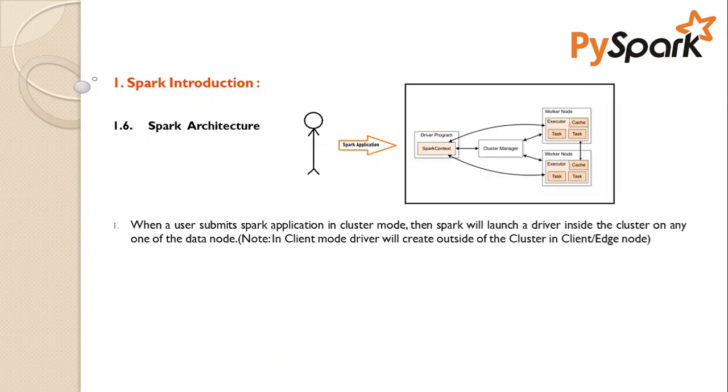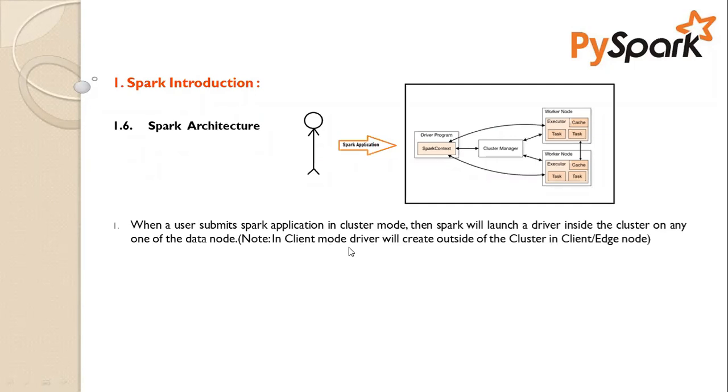When a user submits a Spark application in cluster mode, Spark will launch a driver inside the cluster on any one of the data nodes. Let us assume the rectangle I drew is a cluster, and inside the cluster you can assume this as a data node. So Spark will launch a driver inside the cluster on a data node if it is in cluster mode.